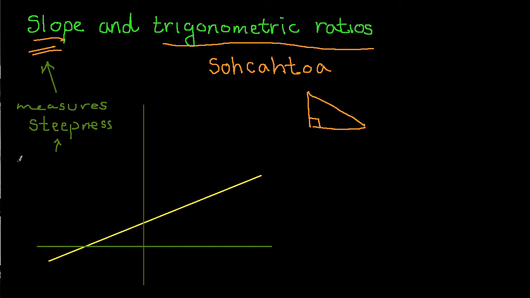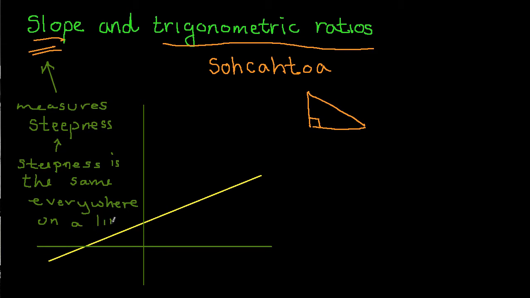So slope measures steepness, and the steepness is the same everywhere on the line. This is not true for a curve, and that would actually sort of also be the definition of a curve. So the steepness is the same everywhere on a line.